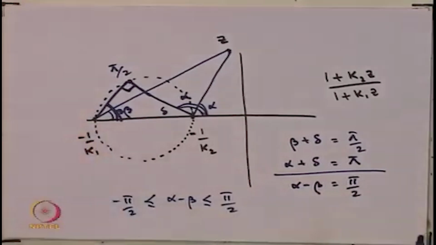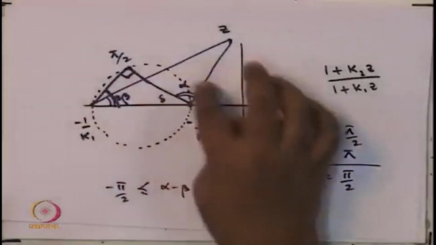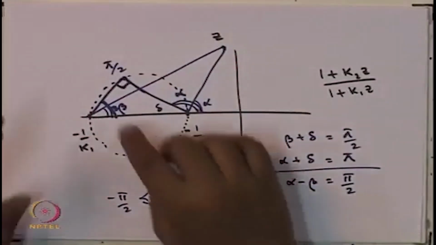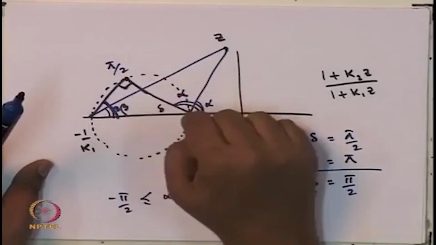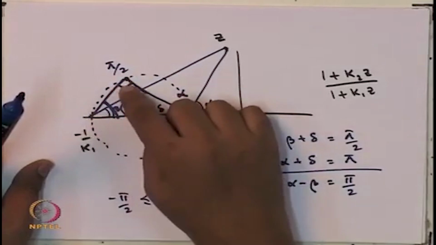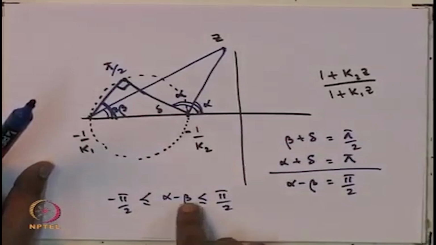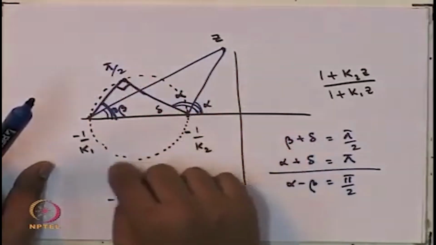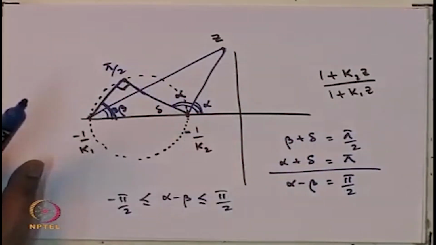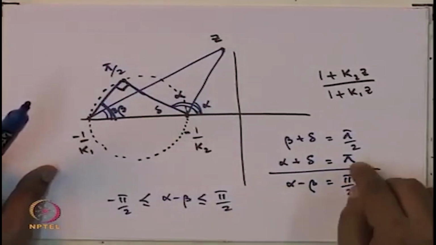So, this is something that we would have learnt in our high school geometry, that if you draw this circle, then any point on the circle subtends an angle of 90 degrees. As a result, this quantity alpha minus beta for any point on this circle is going to be precisely pi by 2.